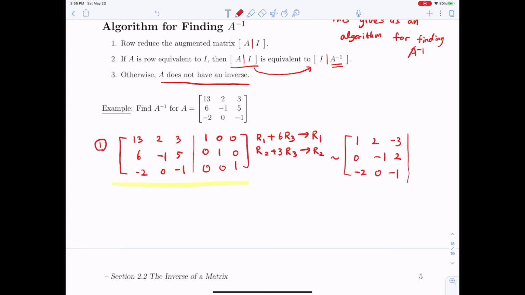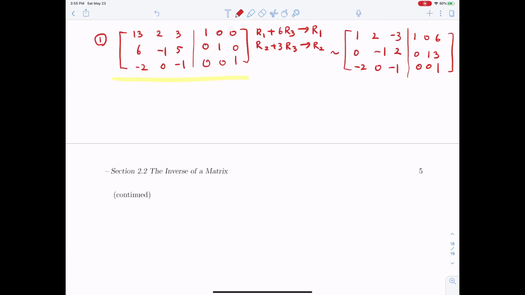And then you also have to keep track of this operation on the right side as well. So you get 1, 0, 6, 0, 1, 3, 0, 0, 1. And then R3 plus 2 times R1 gives you 1, 2, negative 3, 1, 0, 6, 0, 1, 3, and 0, 4, negative 7, 2, 0, 13.